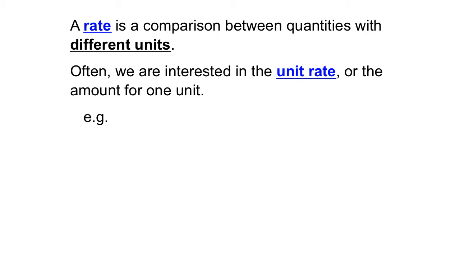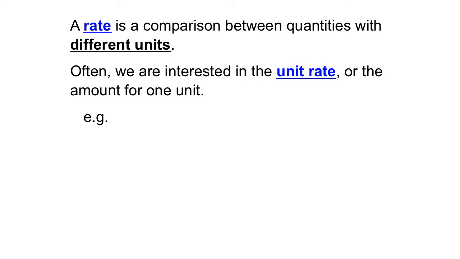When you're driving in a car, you're dealing with a rate, your rate of speed, which we write as kilometers per hour. That's a rate. It's a comparison between kilometers and hours. Those are different units. One is for distance, one is for time. And the unit rate, again, would be our speed in kilometers per hour. It's for 1 hour.